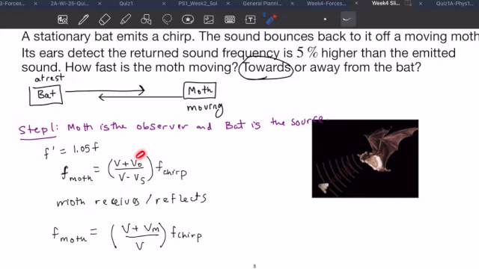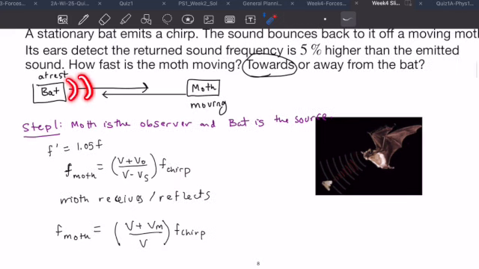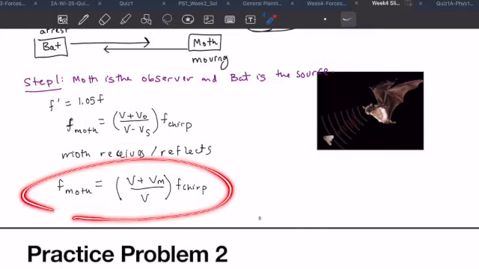The velocity of the observer is the velocity of the moth, and it's going to be a positive value because they're approaching each other. The velocity of the source is 0 because our bat is stationary, as given in the problem. So the frequency that the moth observes is the following expression times the chirp frequency that the bat originally emitted. So the moth hears the following frequency.